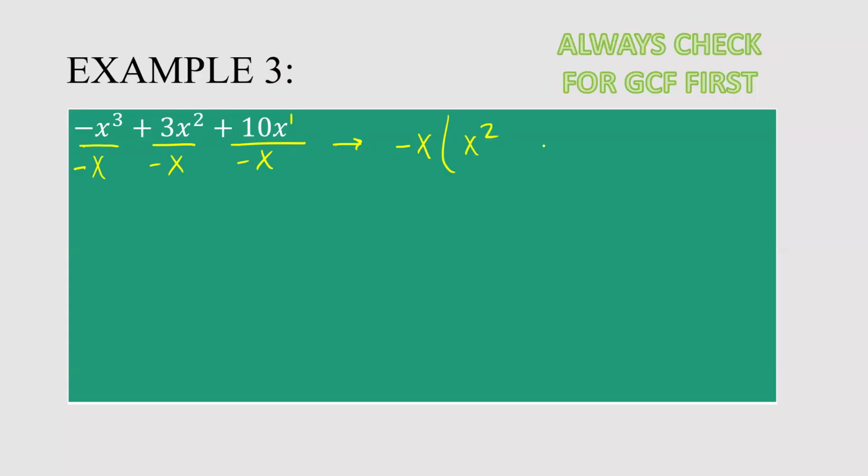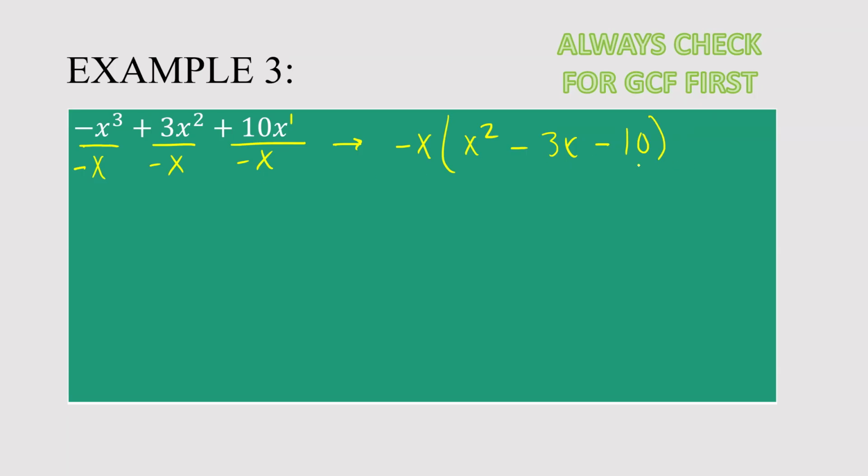We're left with x squared minus, because positive divided by negative is a negative, minus 10. So the only difference between this example and the one before was that we have a variable along with our GCF. Do we see that?